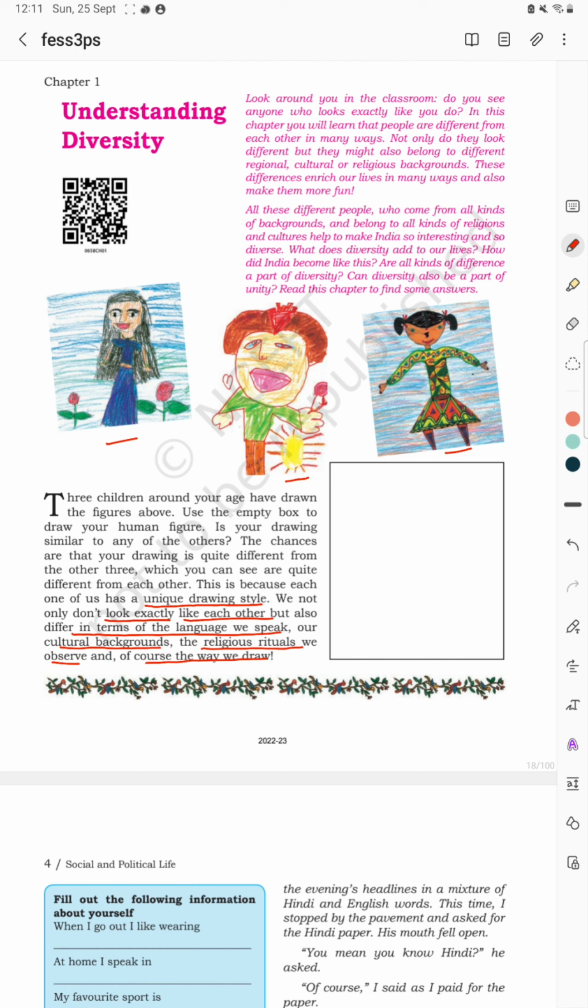For example, some speak Hindi, some speak dialects of Hindi, some speak English, some Punjabi, some Urdu. This is one aspect. Second, people around us might be from different cultural backgrounds or follow different religious rituals, like the Hindu way of life and the Muslim way of life. They have different culture and rituals.